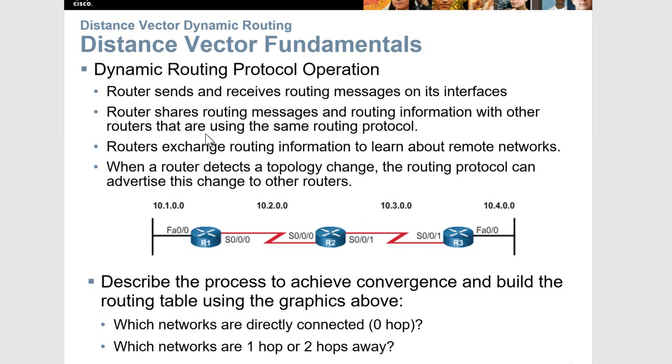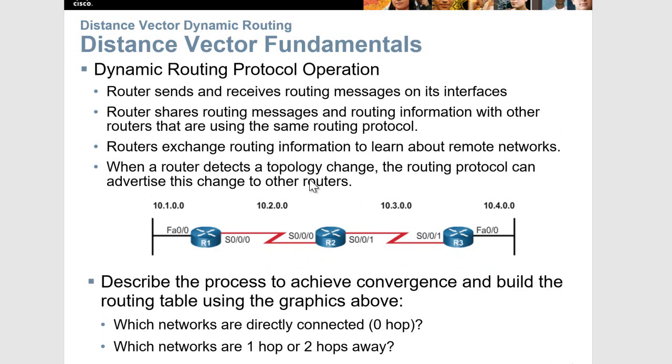Okay. Even though OSPF is not a distance vector protocol. Routers exchange information to learn about remote networks. R2 might tell R1, hey, I know about this 10.3 network. This is how you get there. R2 will tell R1 about 10.4 because, hey, I learned about 10.4 from R3.